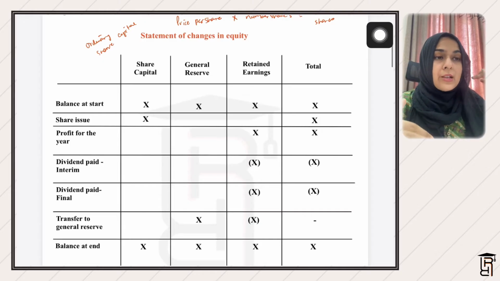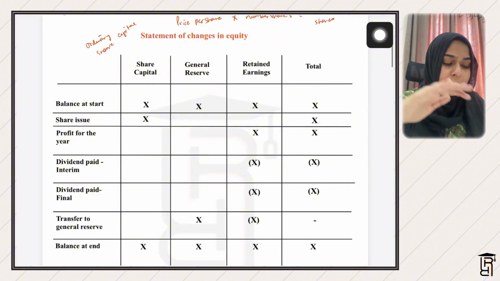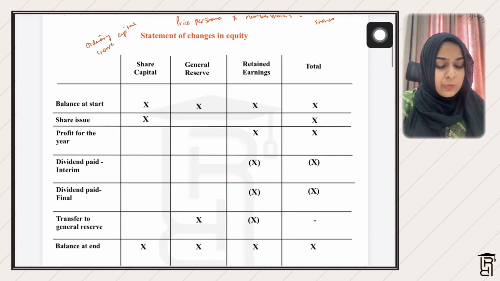Whatever the company earns every year, they keep putting into retained earnings. Whatever the profit for the year is, it goes to retained earnings. Then there is a total heading. We'll take the balances from the question: share capital, general reserve, and retained earnings, and then total all of them.